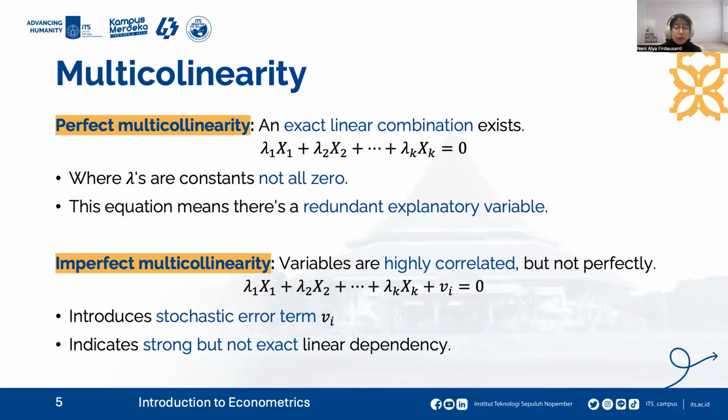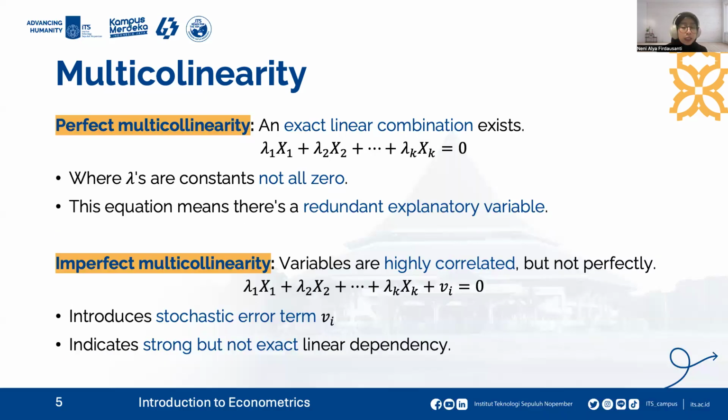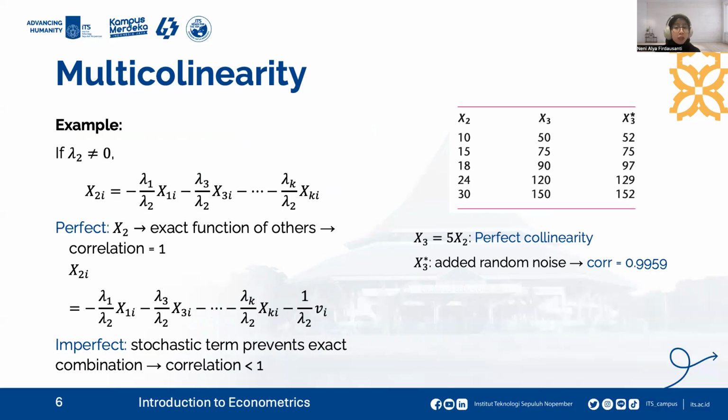Okay, and then next is multicollinearity. Let's review the previous. Take a look at this equation here. This is the general equation. If we have k regressors, and let's say lambda 2 is not equal to 0, then we move lambda 2 x2 to the other side of the equation, and we divide everything by lambda 2.